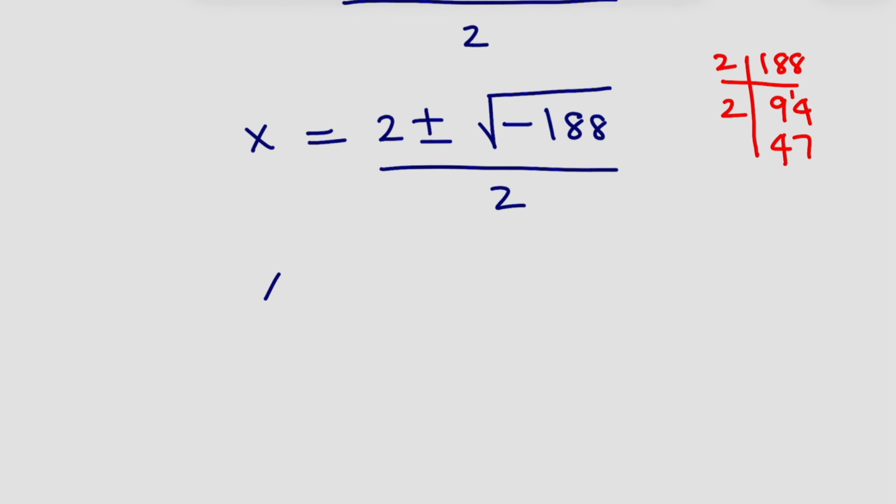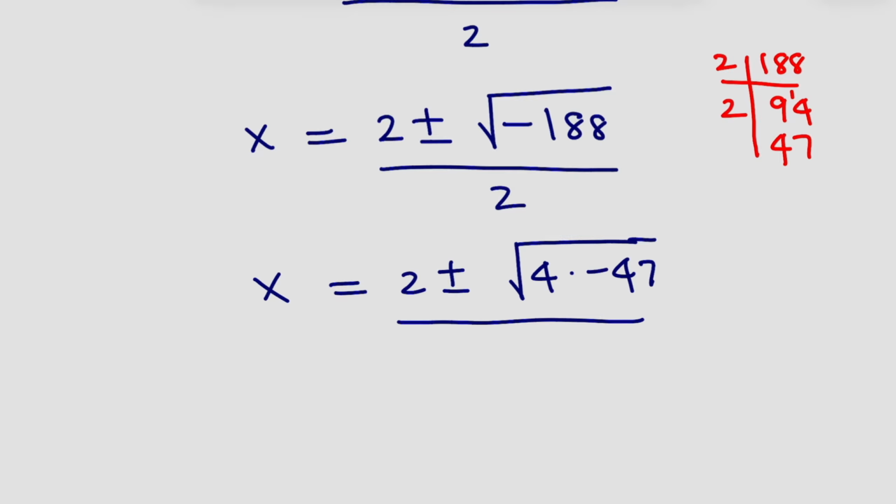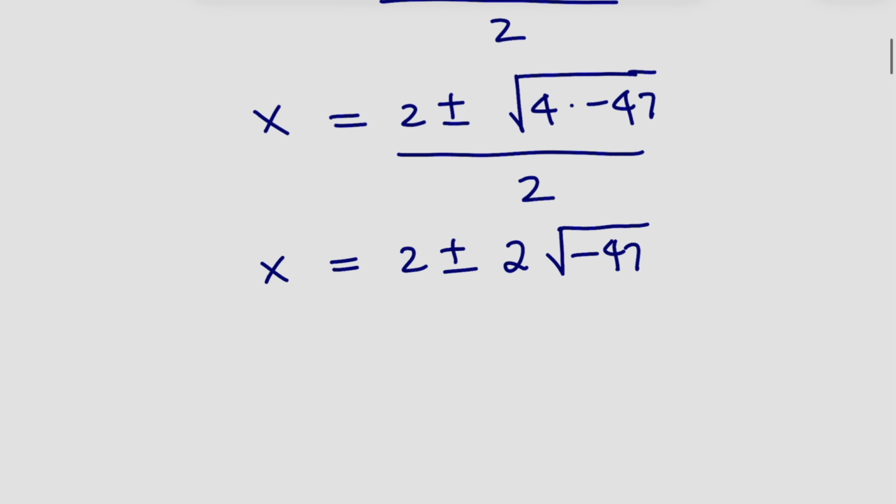Therefore, x is equal to 2 plus or minus the square root of 4 times negative 47, then divided by 2. So x is equal to 2 plus or minus, that will be 2 root negative 47 over 2.